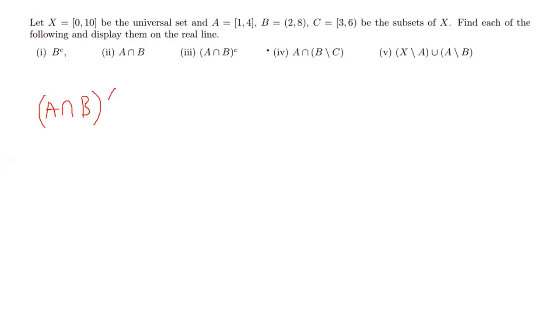How do you find this? A intersection B. Remember what we found? We found our A intersection B to be equal to what? A intersection B is what we just found here.